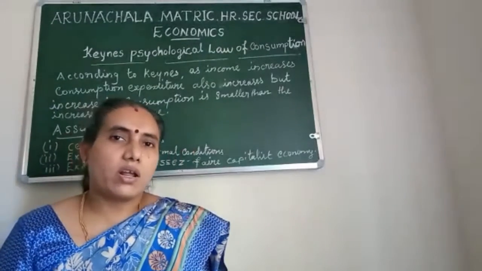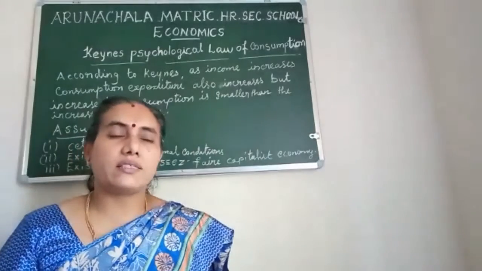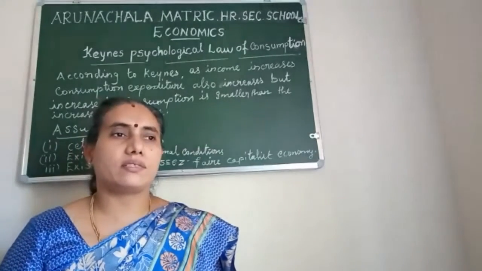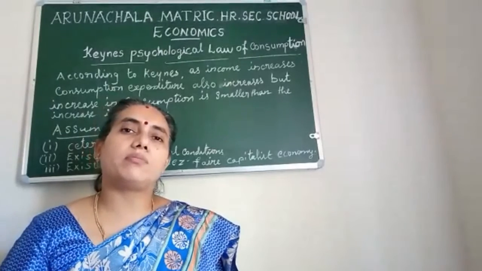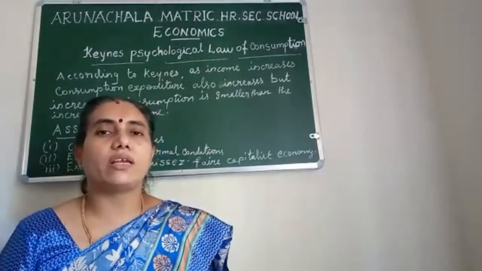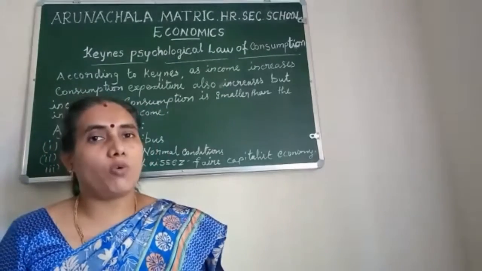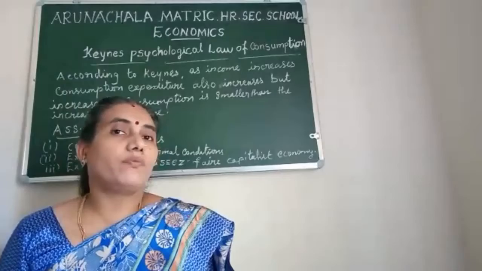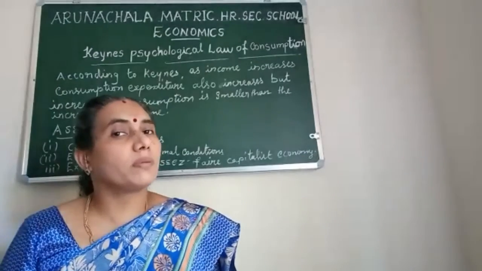So war or any revolution or inflation, that is the fluctuations of the economy, where the money value will increase or decrease like that. If such abnormal conditions occur, war, revolution or inflation, hyperinflation, the law will not be applicable.